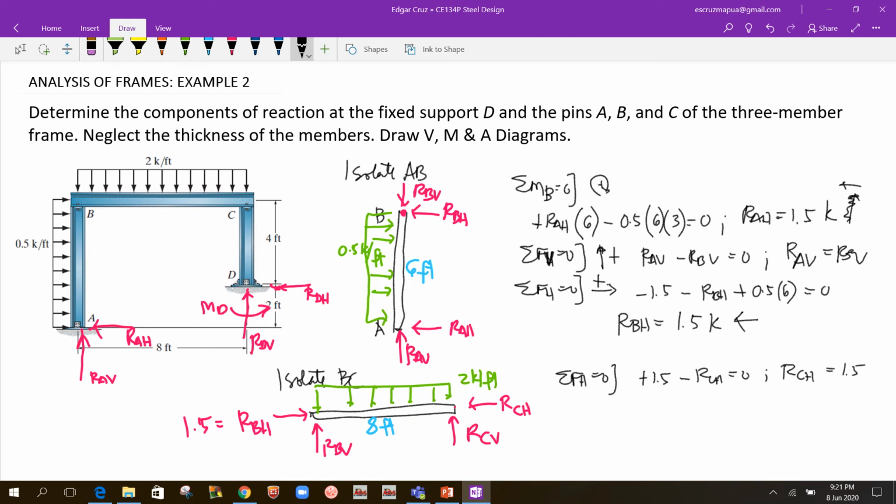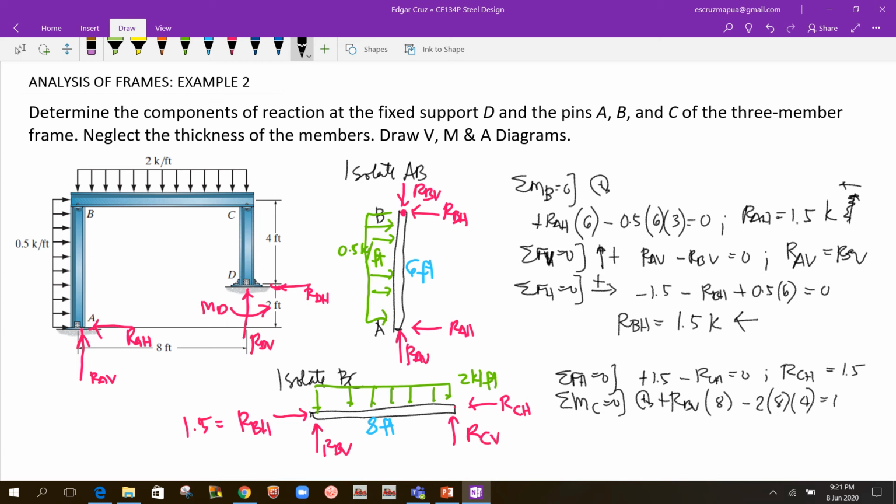Okay, then kapag nag-summation moment naman tayo sa C equal to 0, let's say clockwise positive. So moment tayo sa C dito, so we have RBV. The moment arm is 8 and that is positive kasi clockwise. Tapos yung uniform load naman is counterclockwise, so minus 2 kip per foot times 8 resultant times the moment arm is 4.